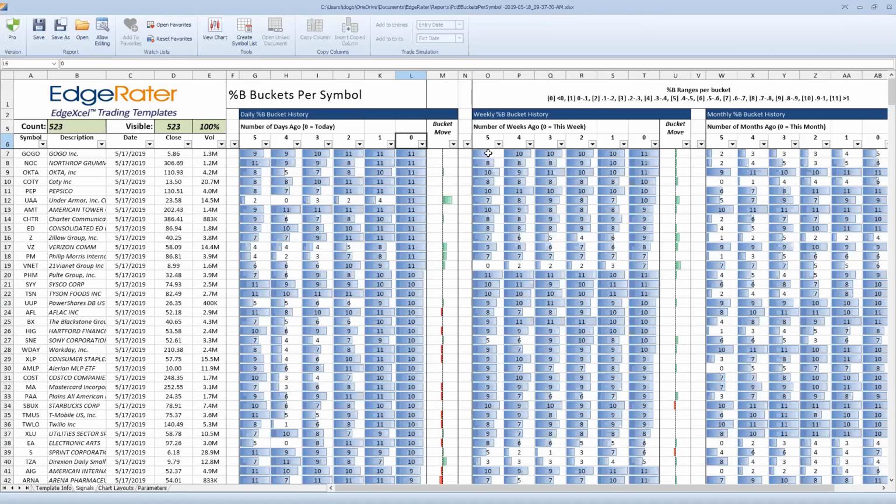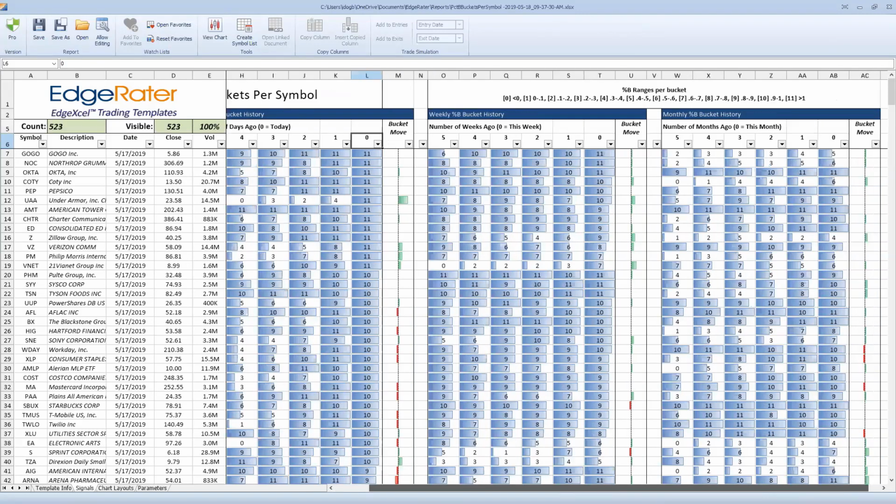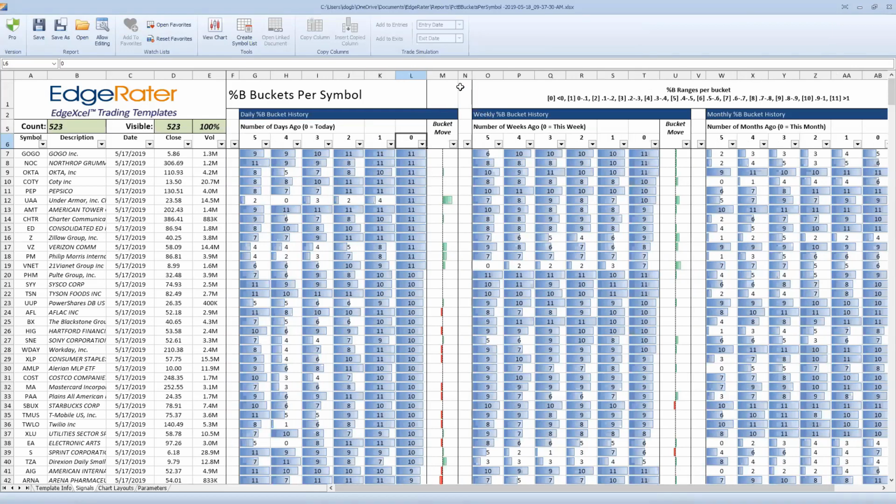If you go to the weekly set, you can look at the same for the weekly: current week, prior week, etc., up to 6 weeks of history. For months, you're looking at the current month, up to 6 months or half a year of history. The final column beside each of these groupings is the bucket move.